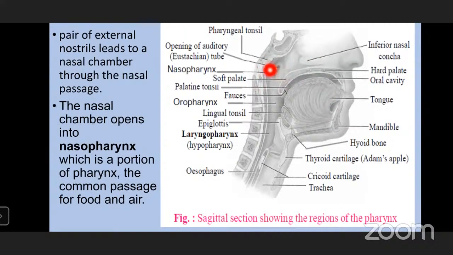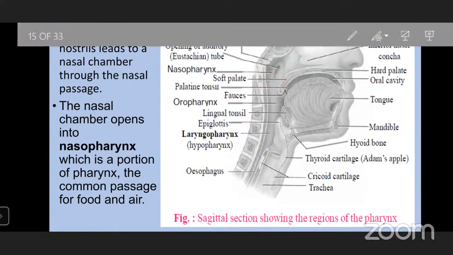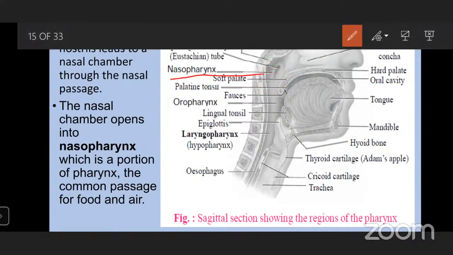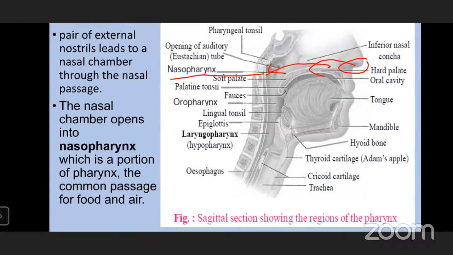This part is the nasopharynx. So the nasal cavity, nasal chamber, and nasopharynx. And then the nasal chamber opens into the nasopharynx, a portion of the pharynx.